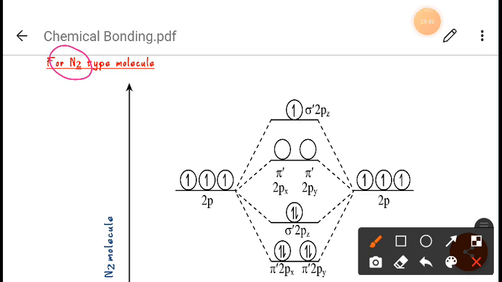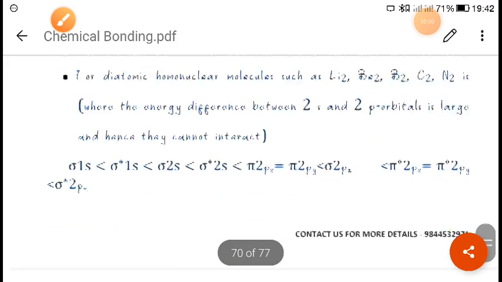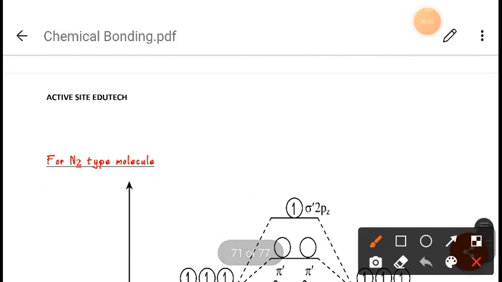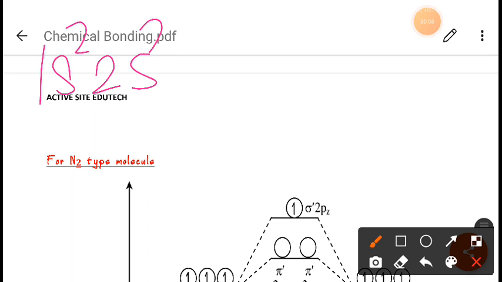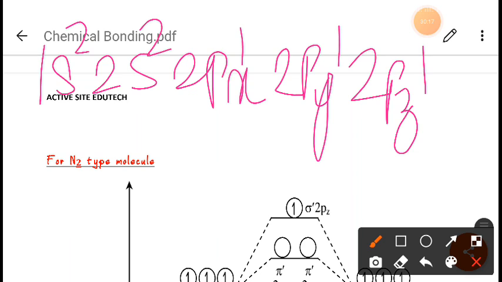The nitrogen atom possesses a total of 7 electrons and has an electronic configuration of 1s2, 2s2, 2px1, 2py1 and 2pz1.